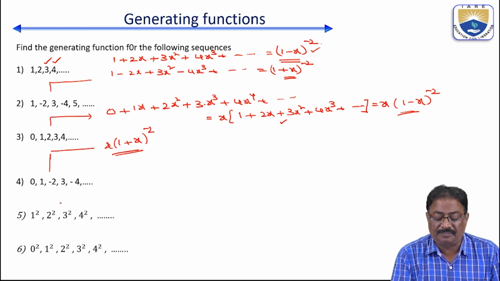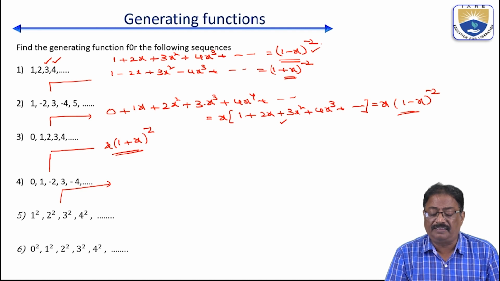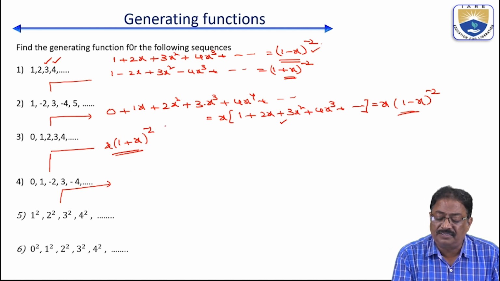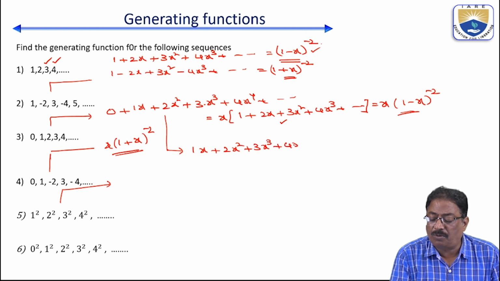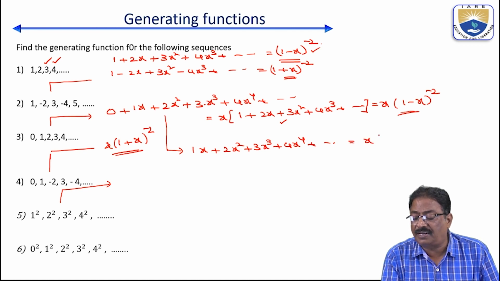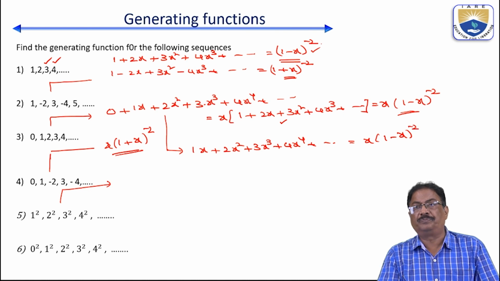Now, how are we going to calculate for this? We already know the generating function for this: 1 into x plus 2 into x square plus 3 into x cube plus 4 into x power 4 plus and so on, with the corresponding generating function x into 1 minus x whole to the power of minus 2.